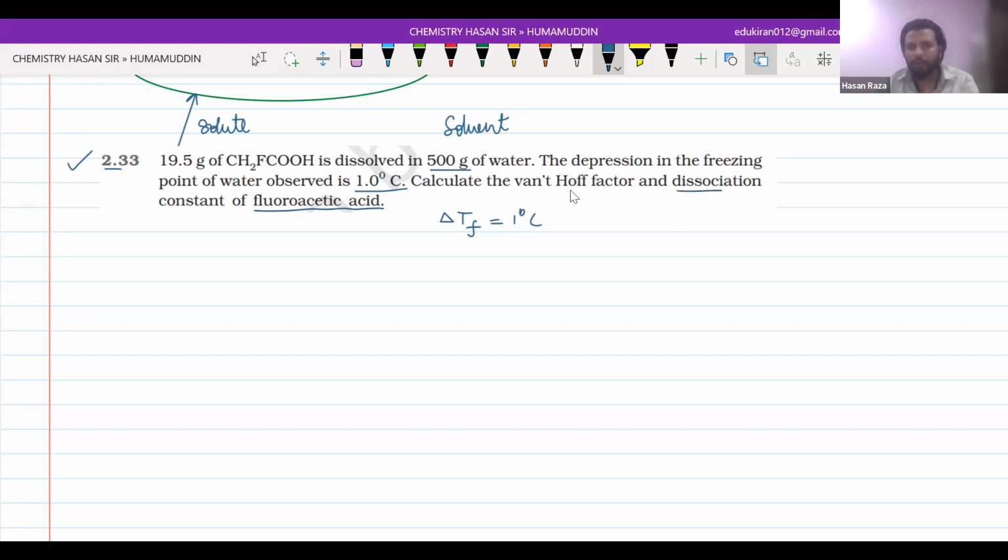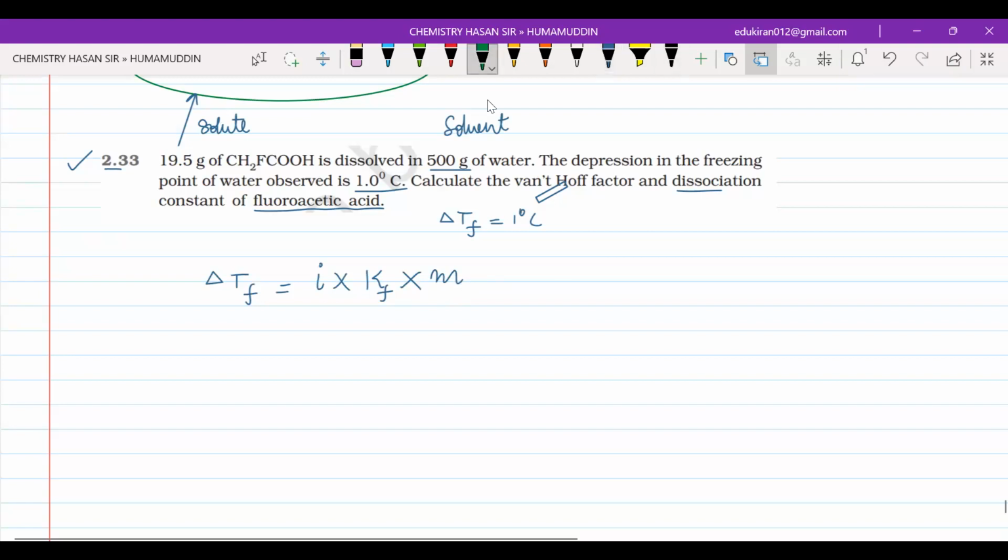Don't go for this directly. We are going to focus on this Van't Hoff factor. If you remember, I had written a formula of this. Delta TF is equal to i into KF into m, right? Is that clear? Yes, sir.